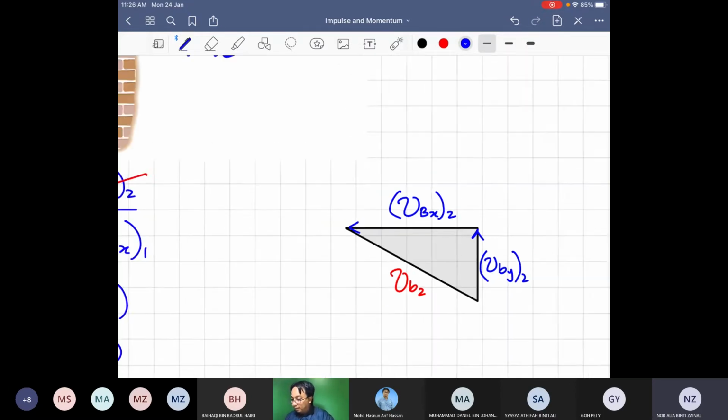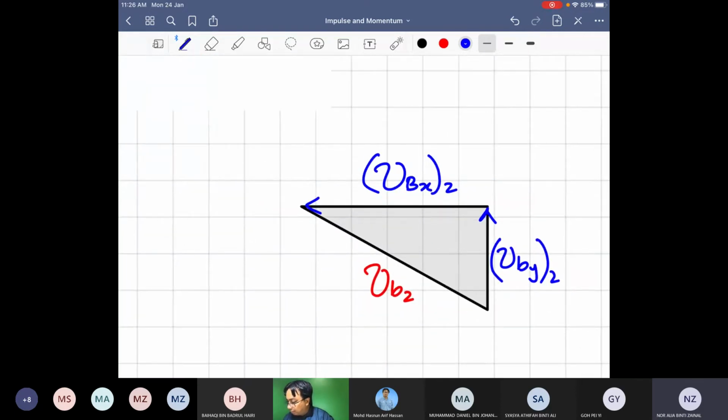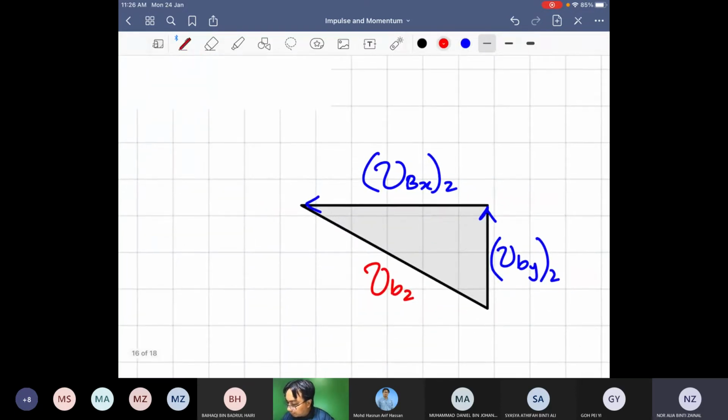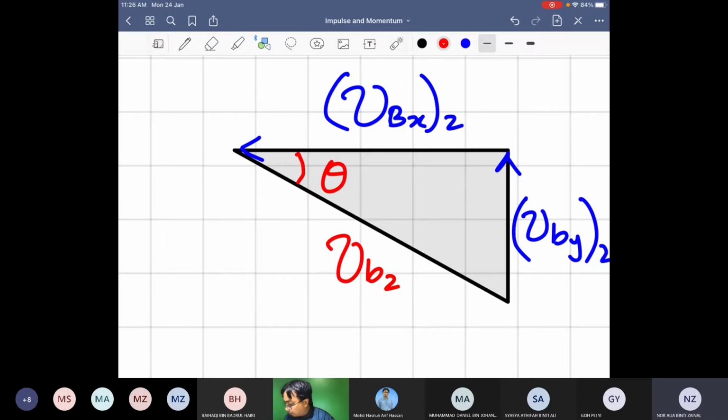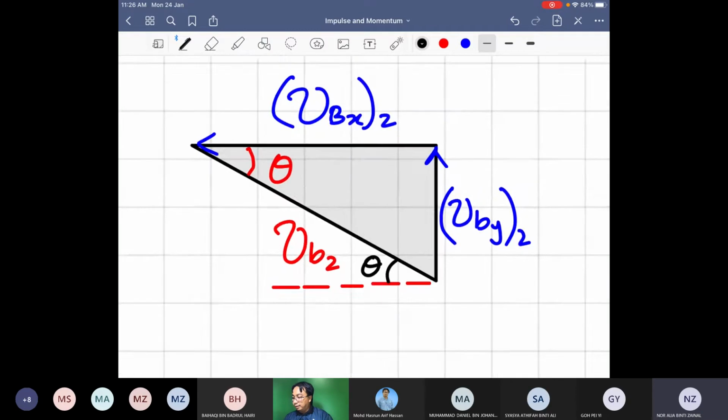Okay, angle theta tadi yang kita nak cari ialah sama ada di bawah ni ataupun di atas ni lah theta. Ataupun dia sama saja dengan kalau kita lukis satu line dekat sini. Okay, this is also theta lah. So basically inilah theta yang kita nak cari.